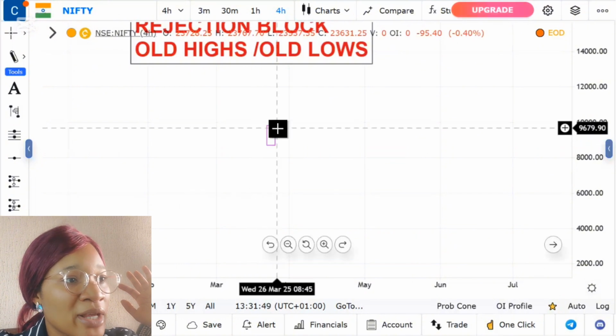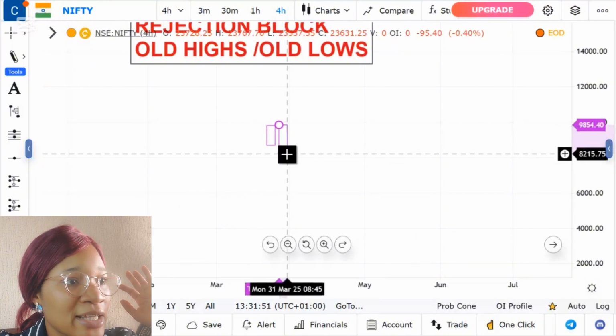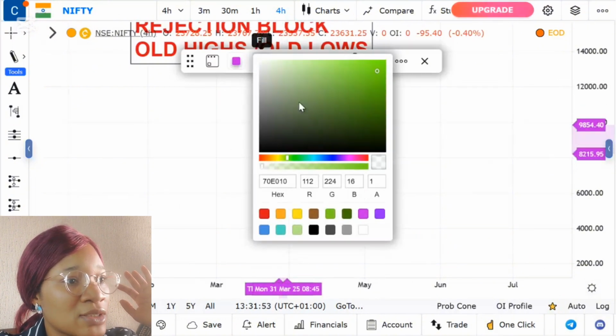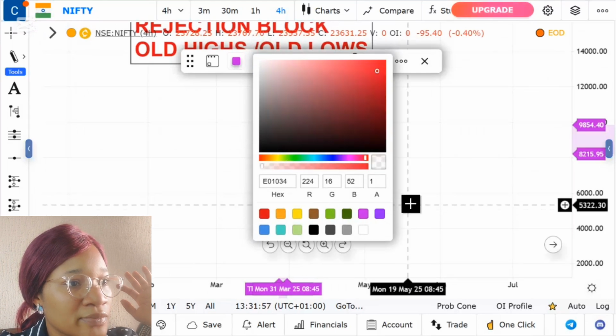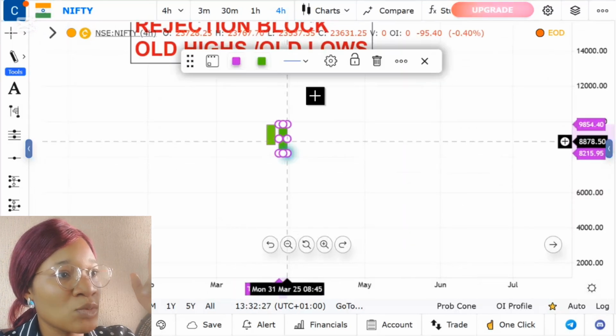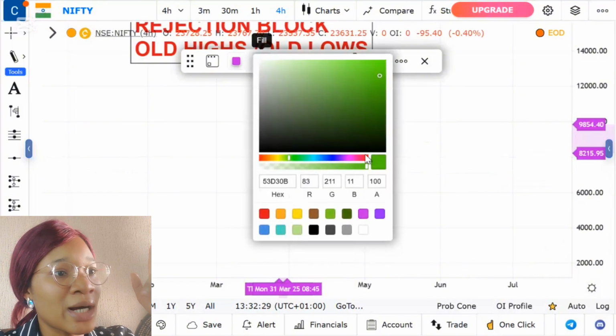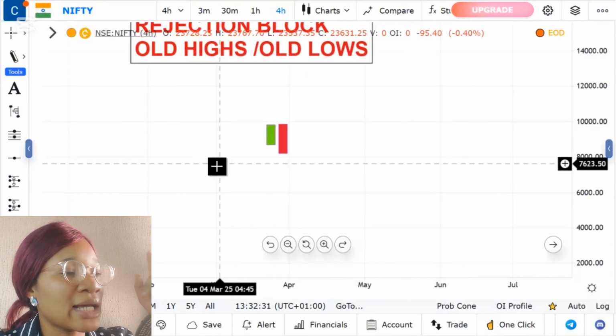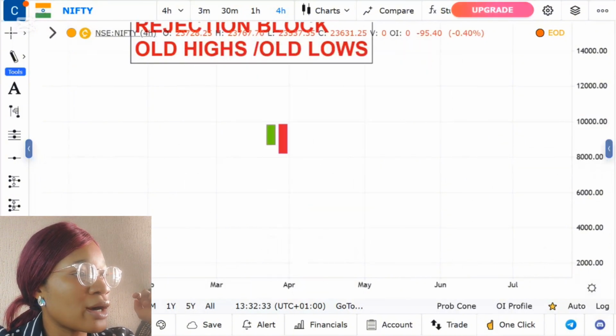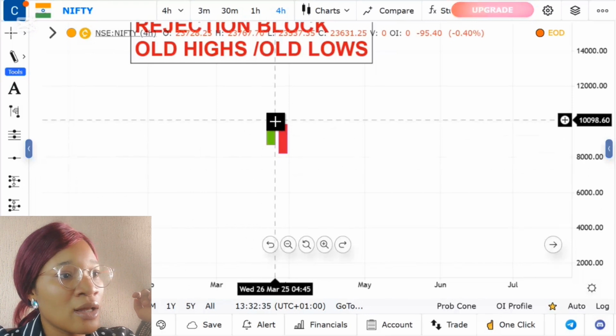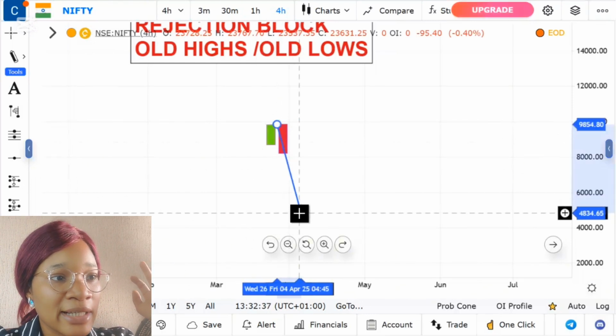Okay, so let's say we have another sell candle right here. So this is a sell candle, a buy candle, and then this one is a sell candle, and after that sell candle there was a strong sell to the downside.